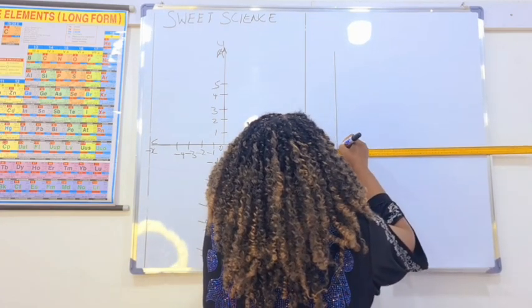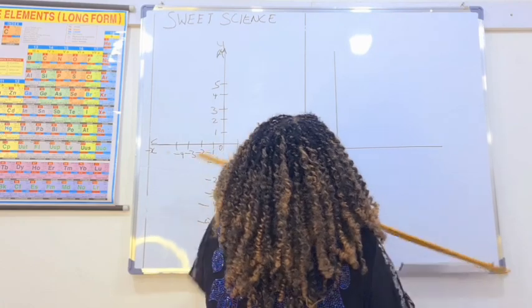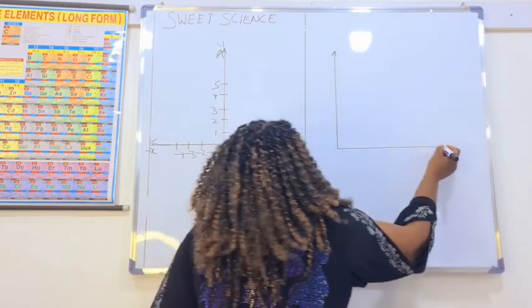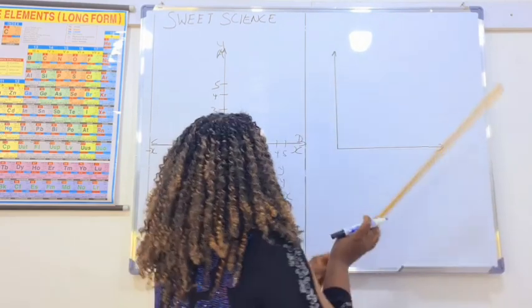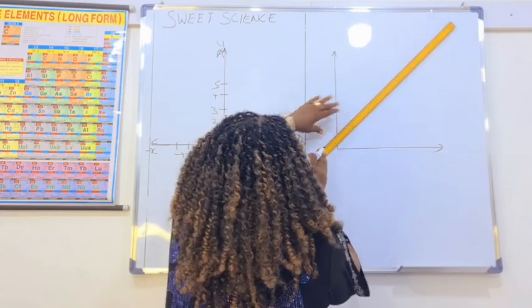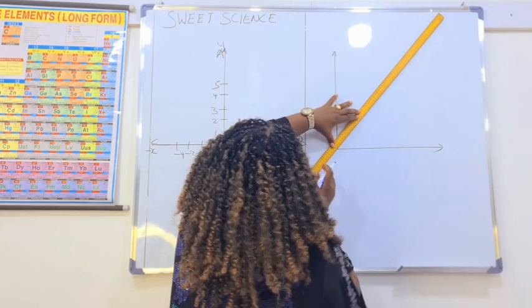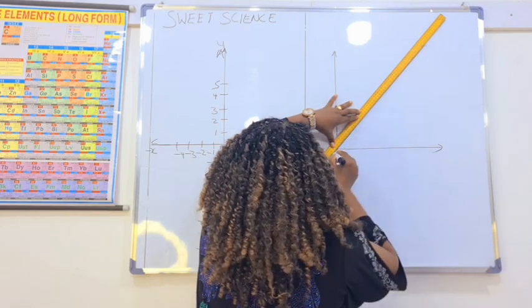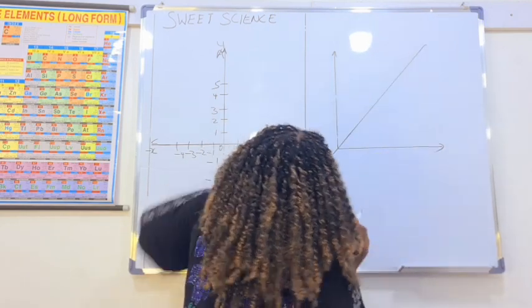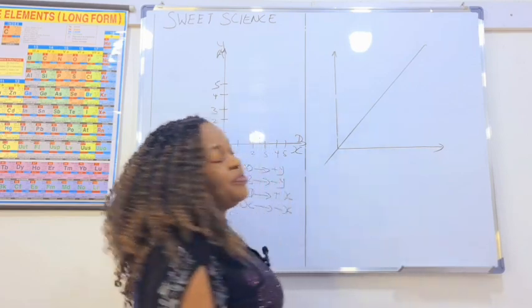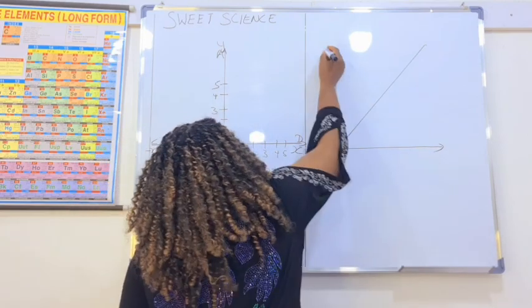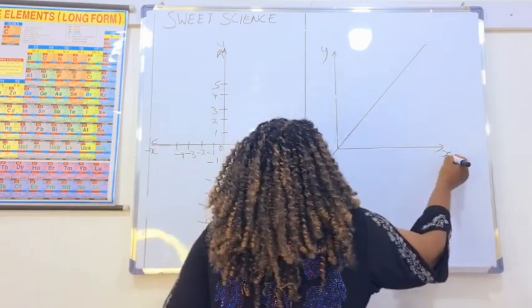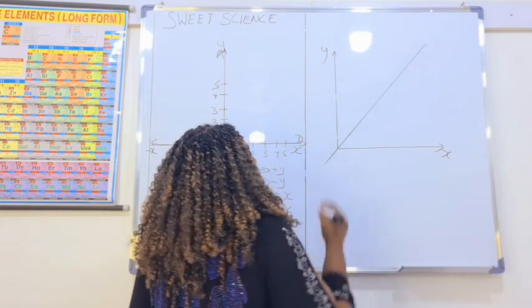Let's put up our axes. Now, we have our line of best fit drawn, passing through the origin. Here is y, here we have x.